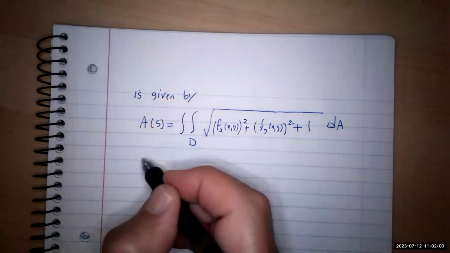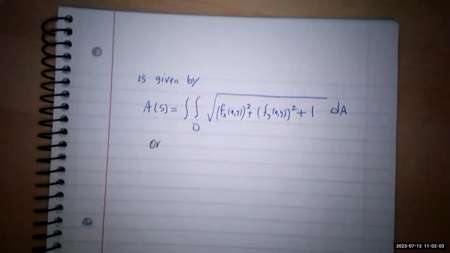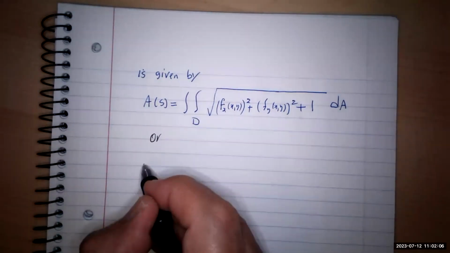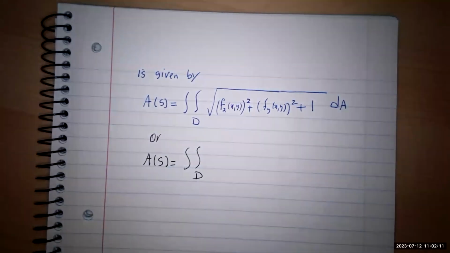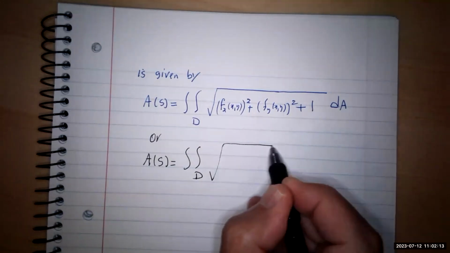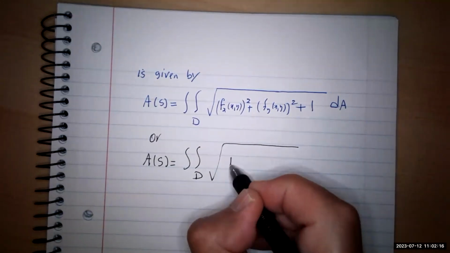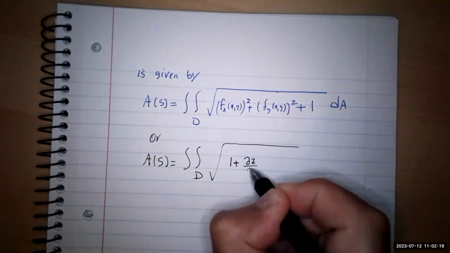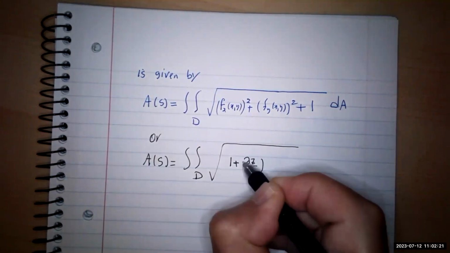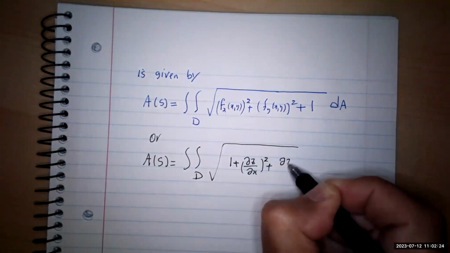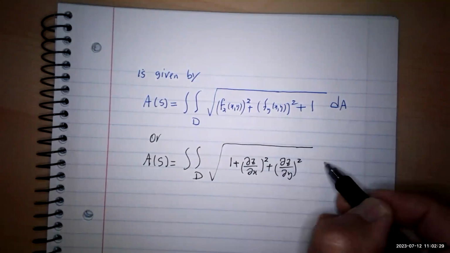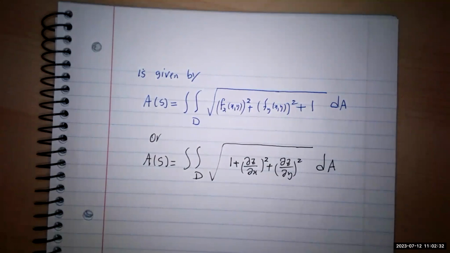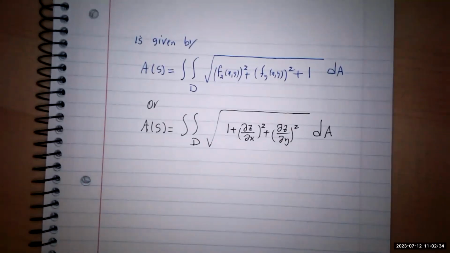The other version is the same thing, but we can extend it for a function of 3 variables in the future. You can also write it in the notation of partial derivatives: the square root of 1 plus round z round x all squared, plus round z round y all squared, with dA. Use both versions. So this is the formula for the surface area.